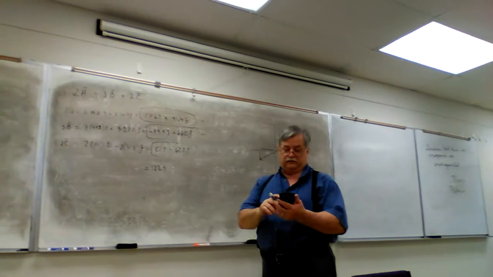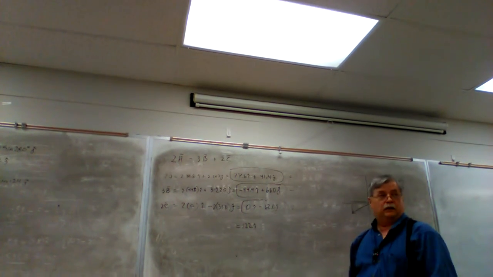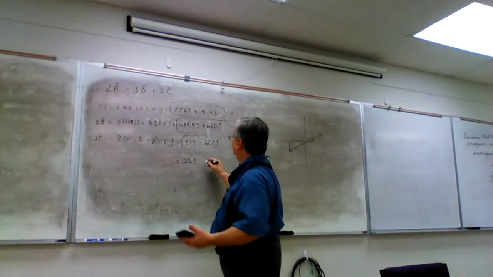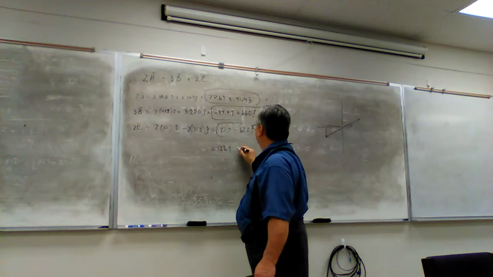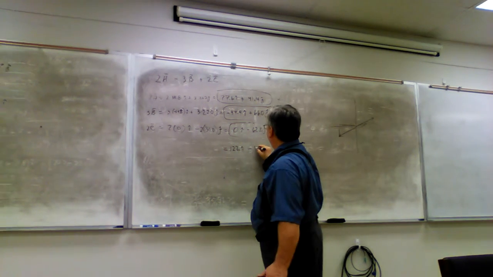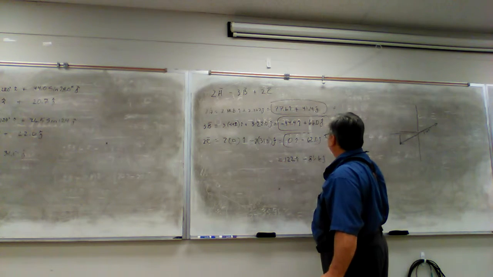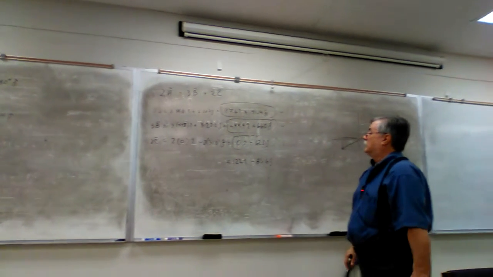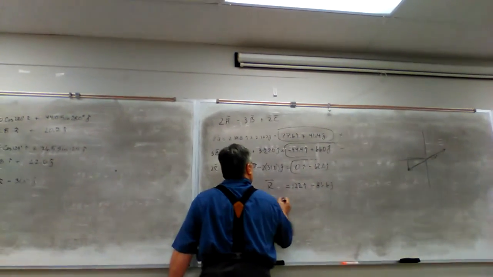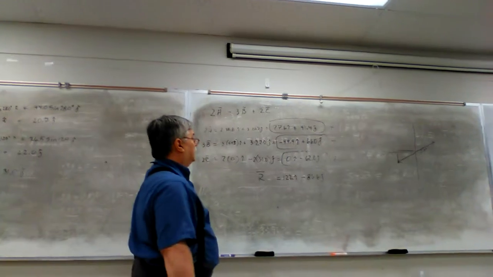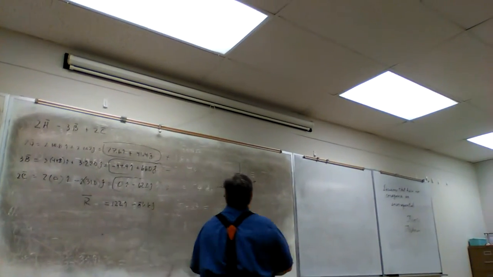So subtract 62.0, and that gives us a final negative 86.6J. So that is our resultant vector. 122I minus 86.6J.